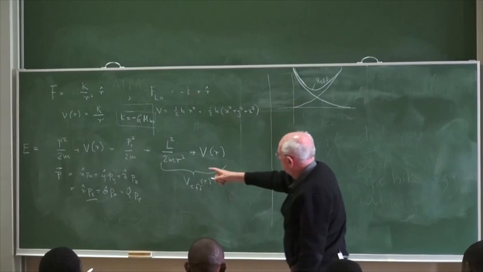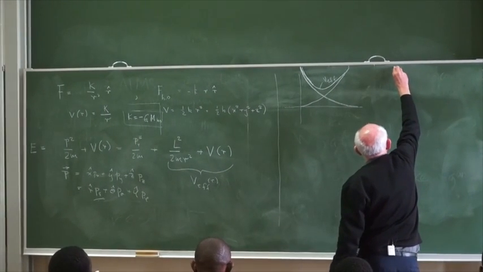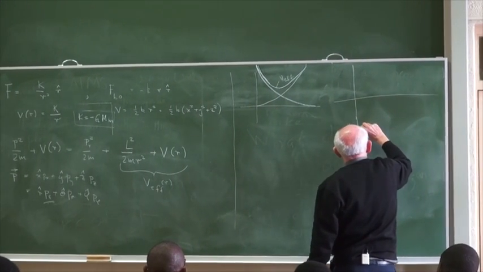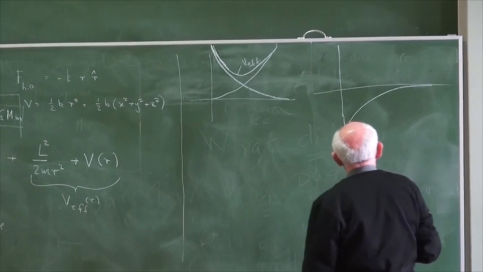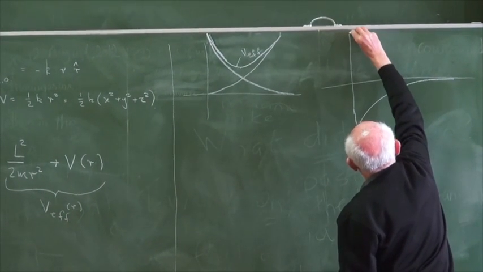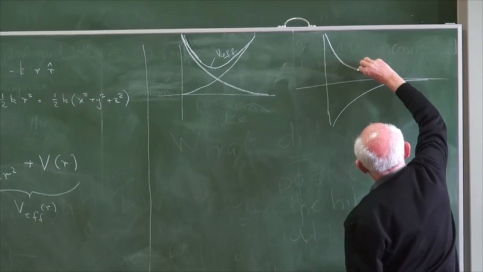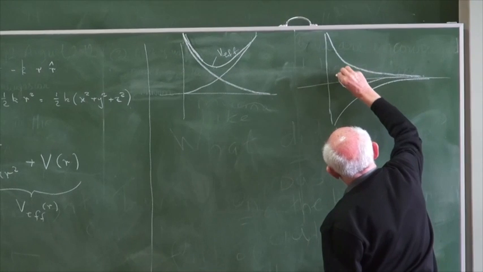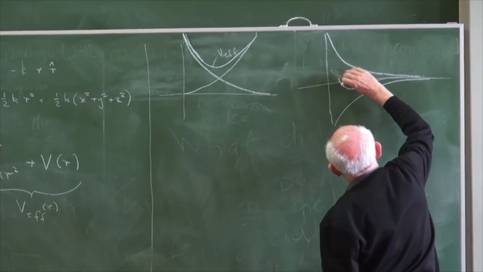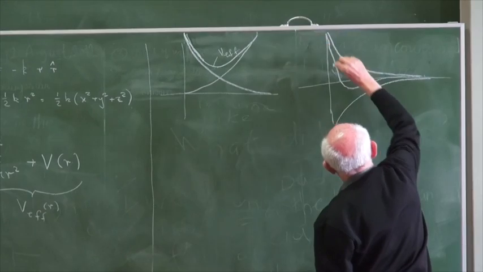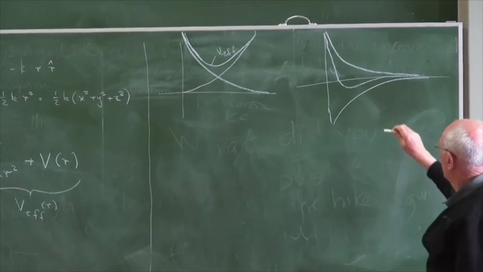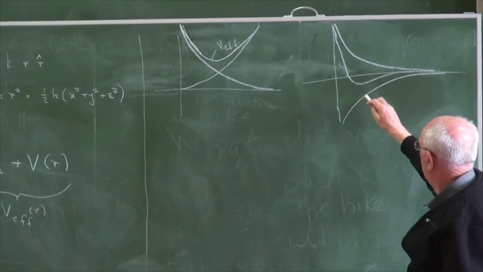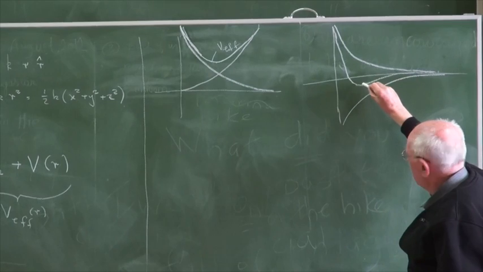And similarly for the case which we really want to do now, the 1 over R force potential goes like that. This other thing goes like that, and if we put them together, we get something that goes like that. So we have something which is negative here.